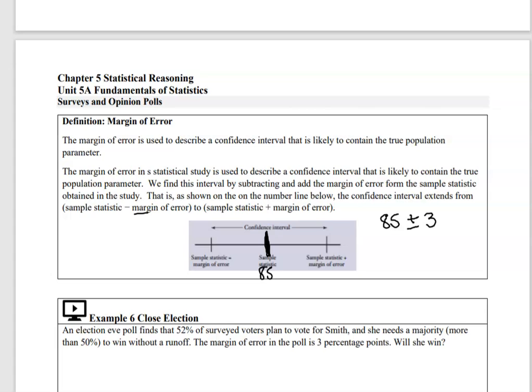So that means that this number would be 82 because 85 minus 3, and this number right here would be 88 because 85 plus 3. And basically this confidence interval is the part where we're 95% sure that everybody is in this space. So that means that 95% of my students would score between an 82 and an 88 on the test.